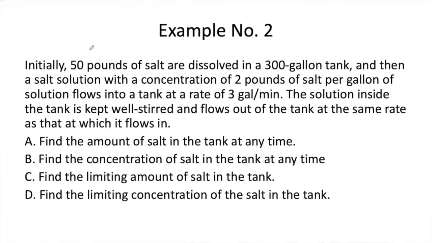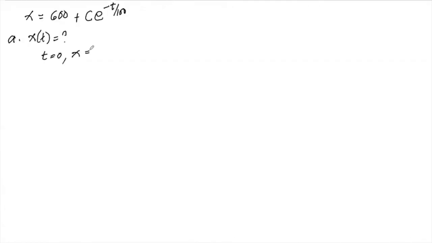Now we move on to letter A, solving for the amount of substance at any time t. The condition is that initially the amount is equal to, going back to the given, 50 pounds. So plugging in here, 50 equals 600 plus c e raised to negative 0, and maging 0 na rin to, guys. So negative 1 over 100 times 0 is 0.